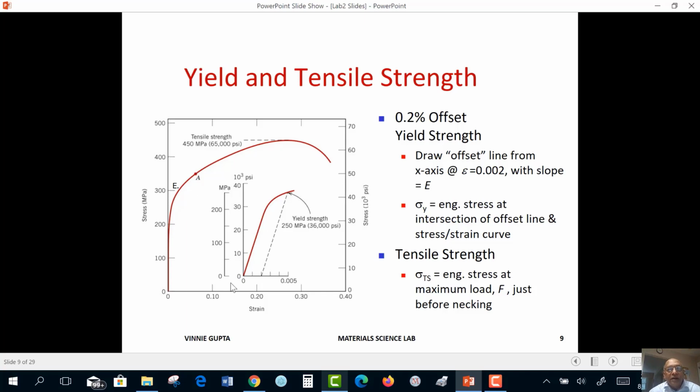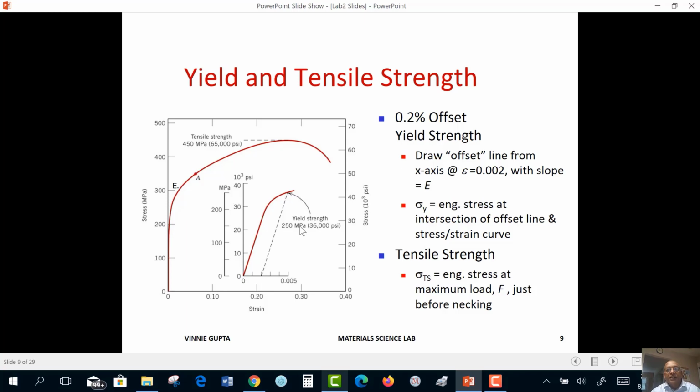So for many curves, in order to find what is called yield strength, an estimate of that stress at point E, we draw an offset of 0.2%, so it'll be 0.002 on our scale. Draw a line with the same slope as the elastic modulus and find out where that line intersects this curve. That becomes our 0.2% offset yield strength.